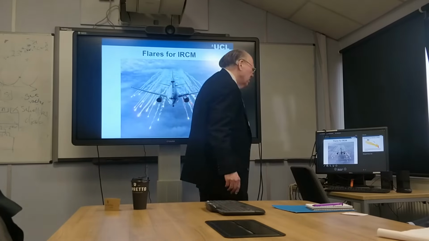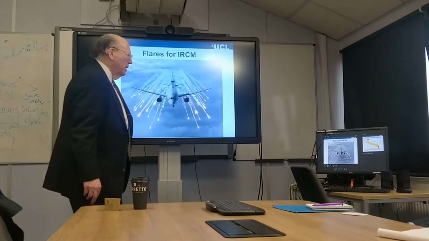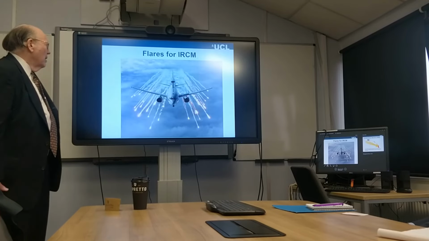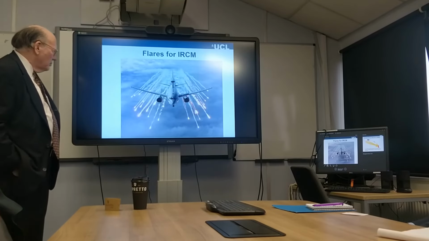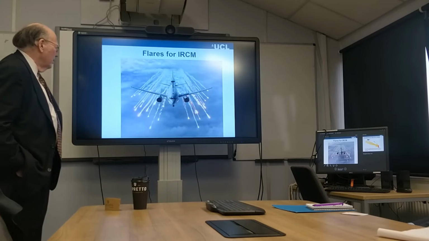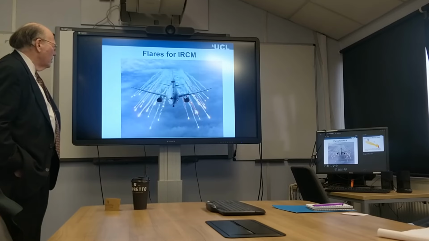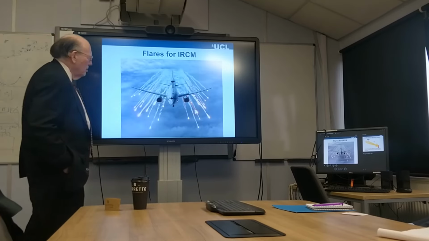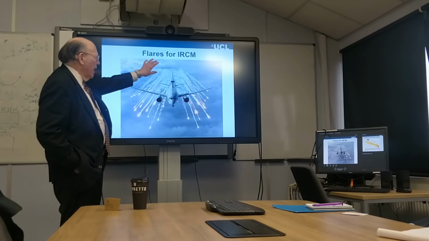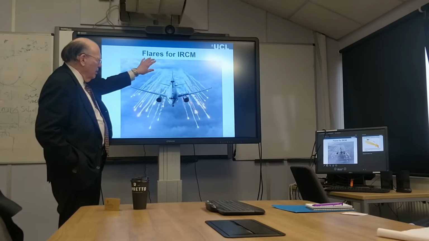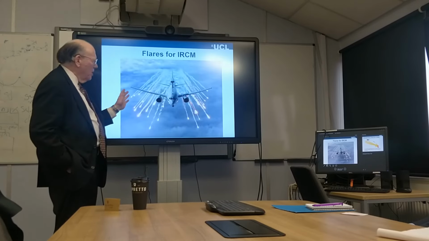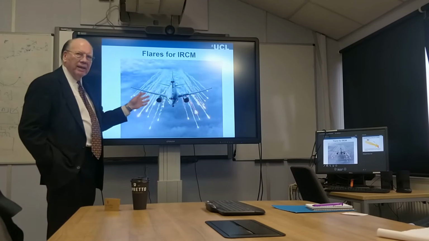Another countermeasure for infrared is a flare. This shows an aircraft, I think it's a Canadian AWACS, dispensing flares. The idea here is if you have a fighter coming, very often the air-to-air missile used by fighter aircraft is infrared guided.